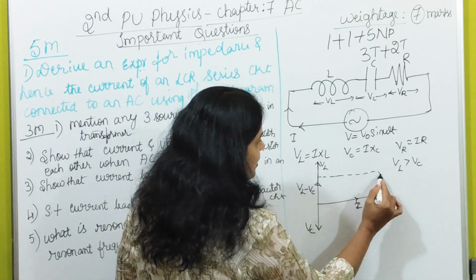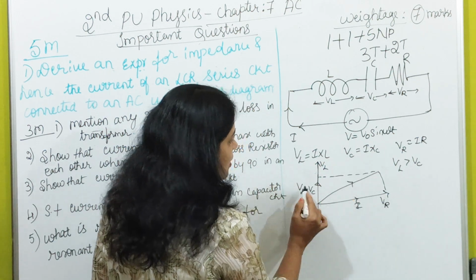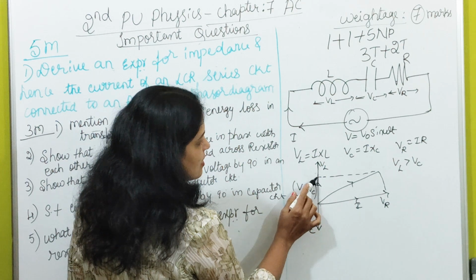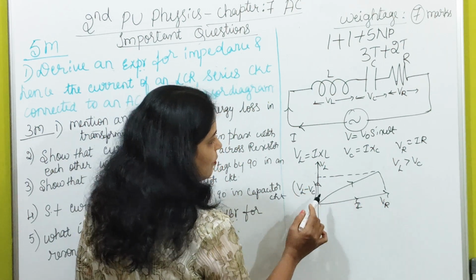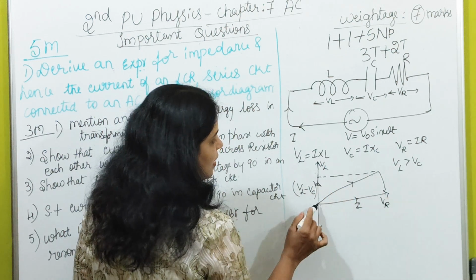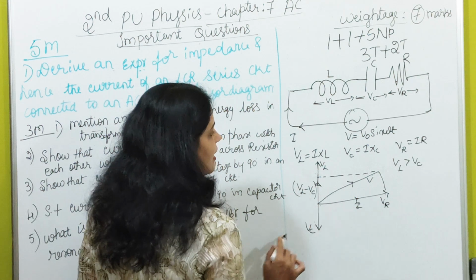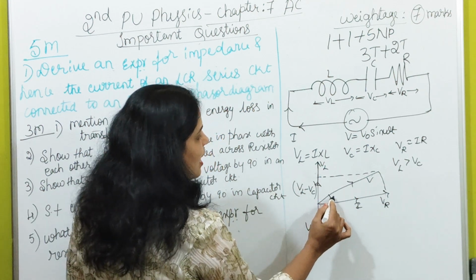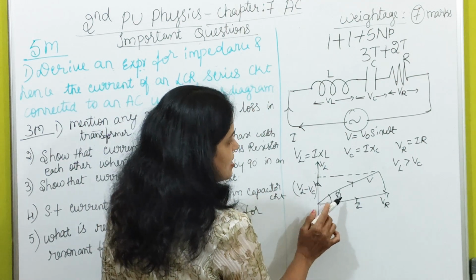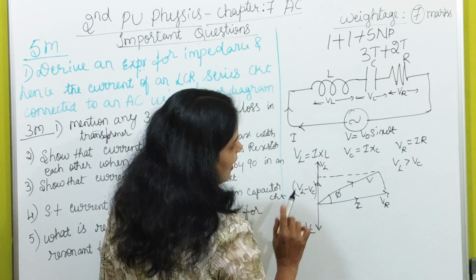Now this is the resultant of the components VL minus VC and VR. VL minus VC is one component and VR is another component, and we are adding these two. Draw one parallelogram, and the resultant is acting along the diagonal. This is the resultant voltage V, which makes an angle phi with respect to I. So voltage is leading the current by angle phi.